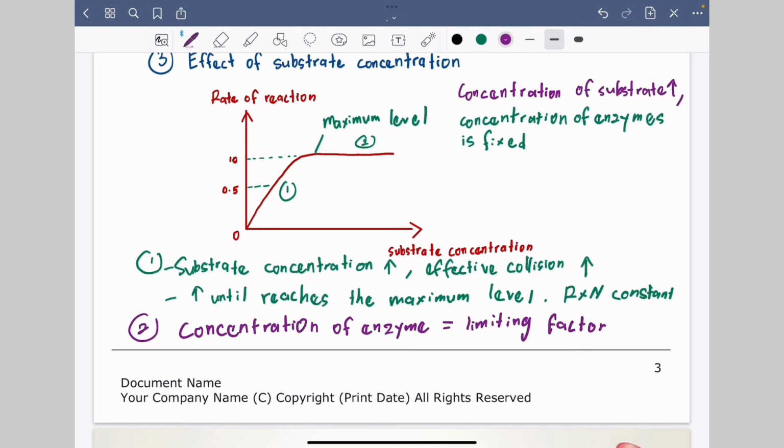After reaching the maximum level, all active sites of the enzyme are saturated with substrate.